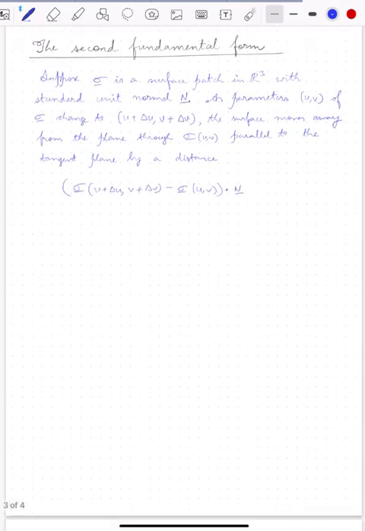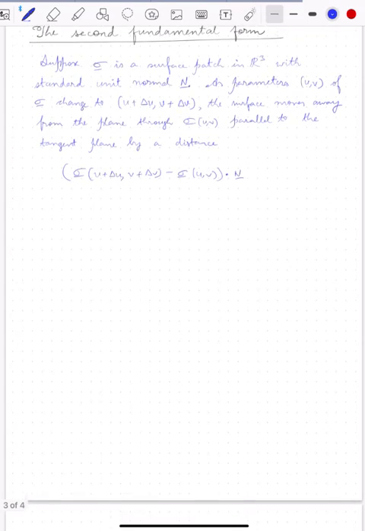So graphically, what it looks like is that suppose we have this surface here, and we have some point here, right? So this is the tangent plane and this is our surface.